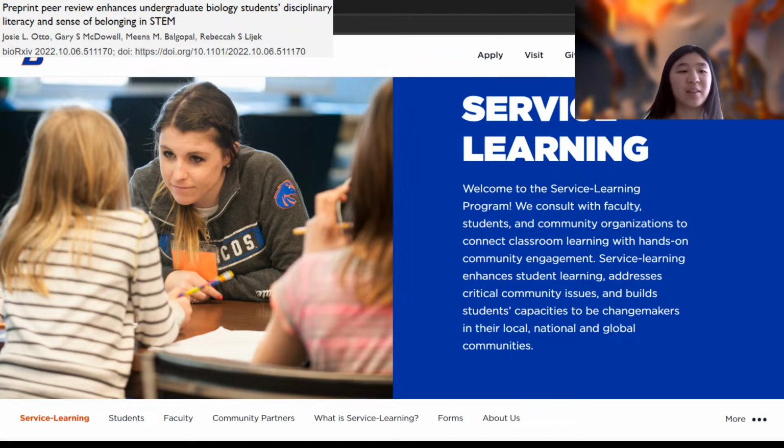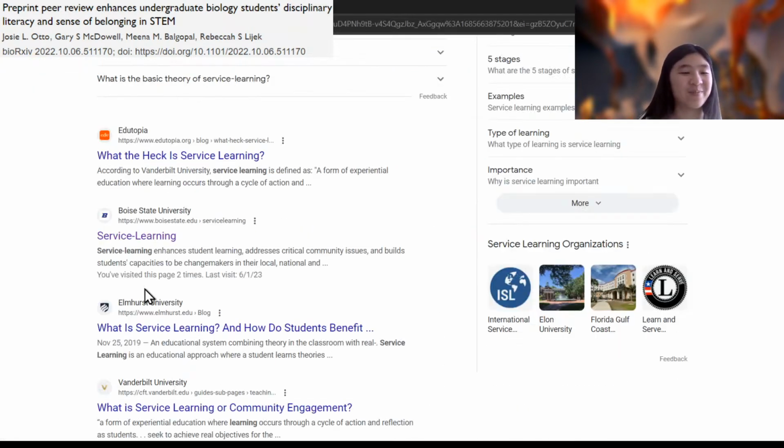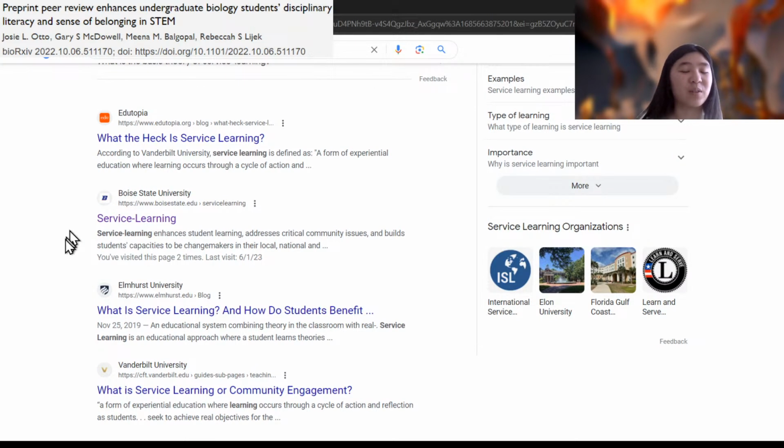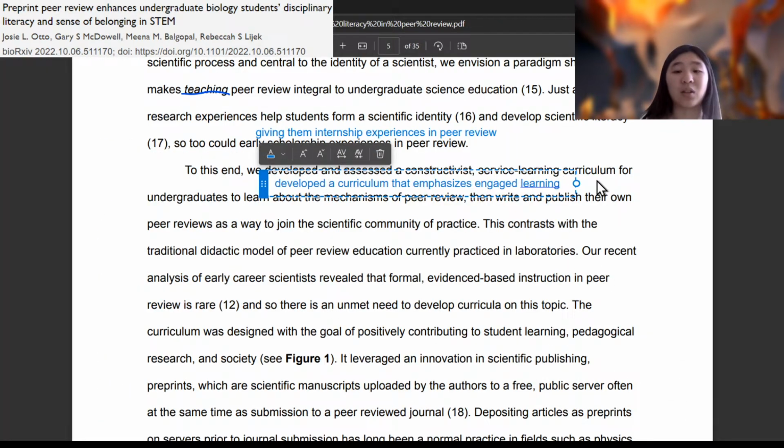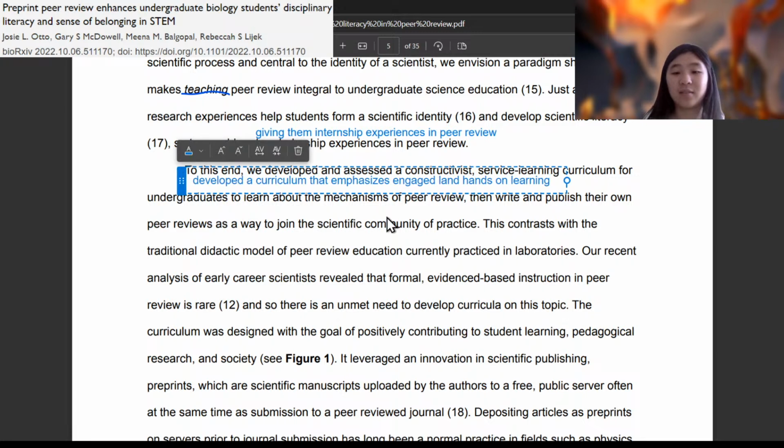So service learning enhances student learning and addresses critical community issues and builds students' capabilities to be change makers. So basically hands-on learning, engaged and hands-on learning that is actually accomplishing something.